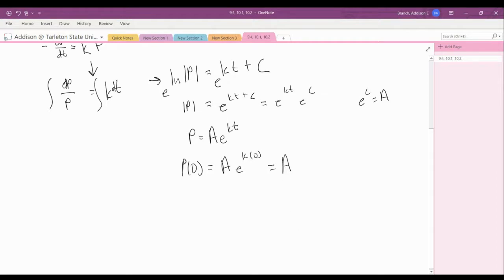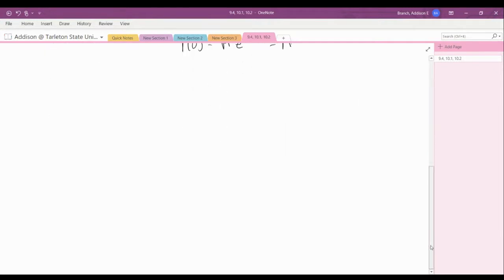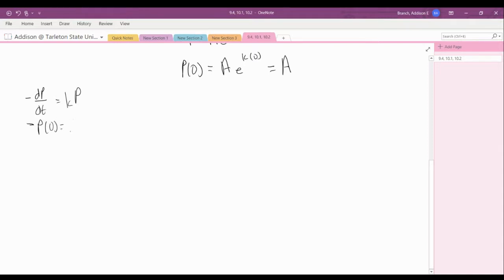So the common characteristics of our natural growth model are that dP over dt is equal to kP, and P of 0 is equal to A, which we can call P naught or P initial.